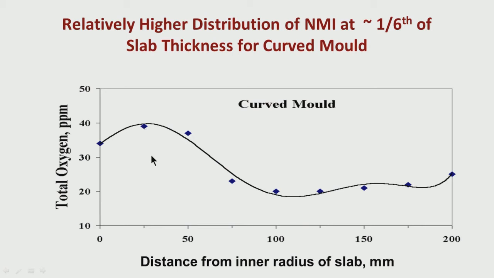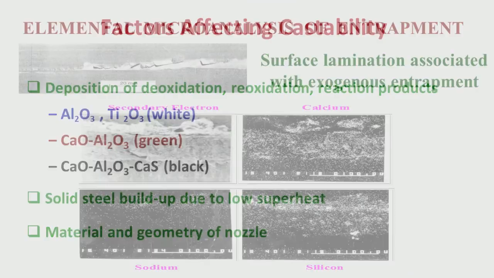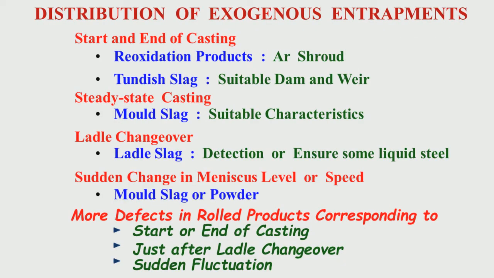What I have told is not only certain slabs which have been cast. If I go back, I have mentioned that slabs or blooms or billets cast from the start or end of the cast are relatively bad.